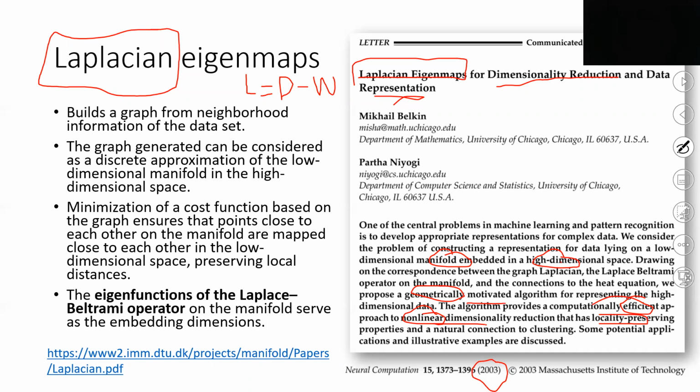So this is a method which uses a neighbor graph, and then applies Laplacian graph learning theory to minimize a cost function based on the graph, to ensure that neighbor points close to each other on the manifold are also close in the low dimension space, preserving their local distance relationship.